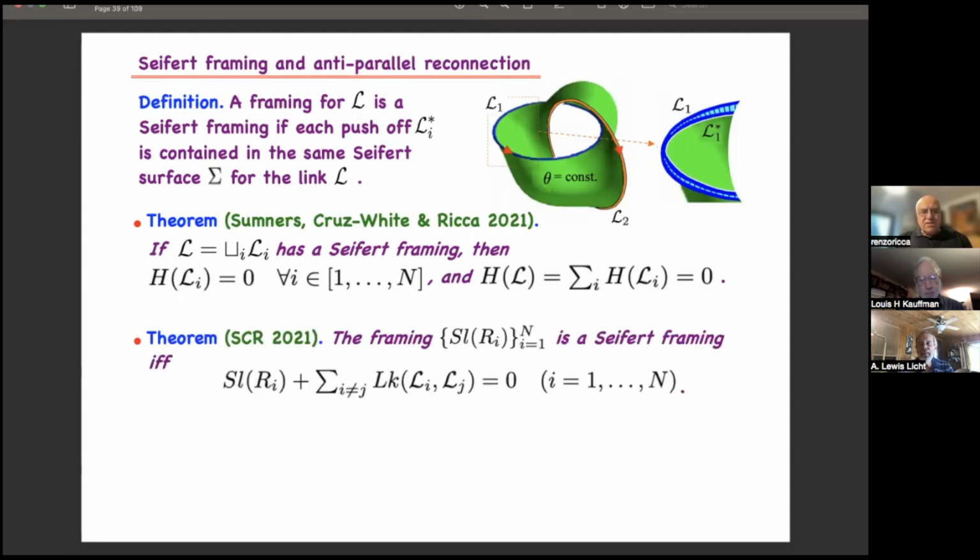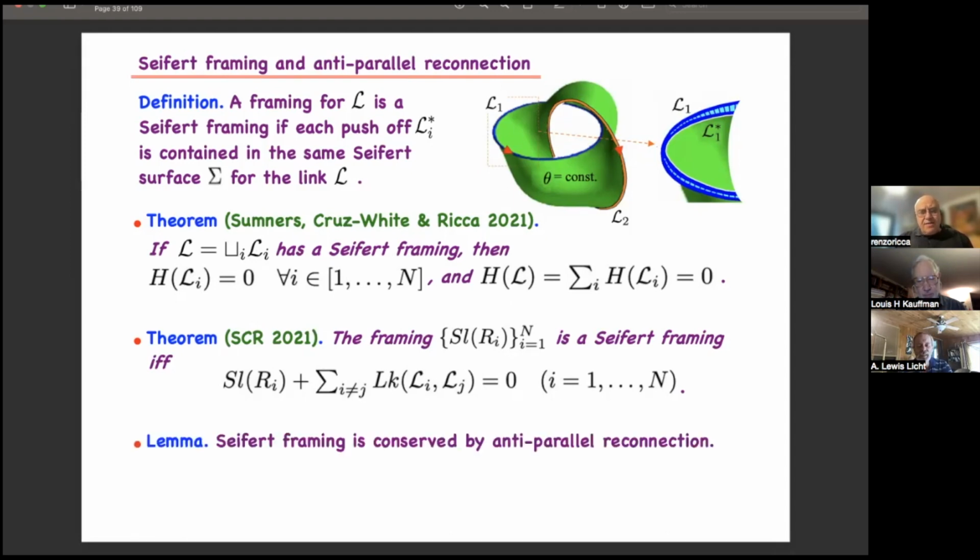This is consistent, of course, with what I told you at the beginning about proving by distributional techniques that helicity under GPE is exactly 0. So the framing is a Zephyr framing if and only if this condition is satisfied, which is itself a very interesting condition because it constrains linking numbers to obey this zero sum.